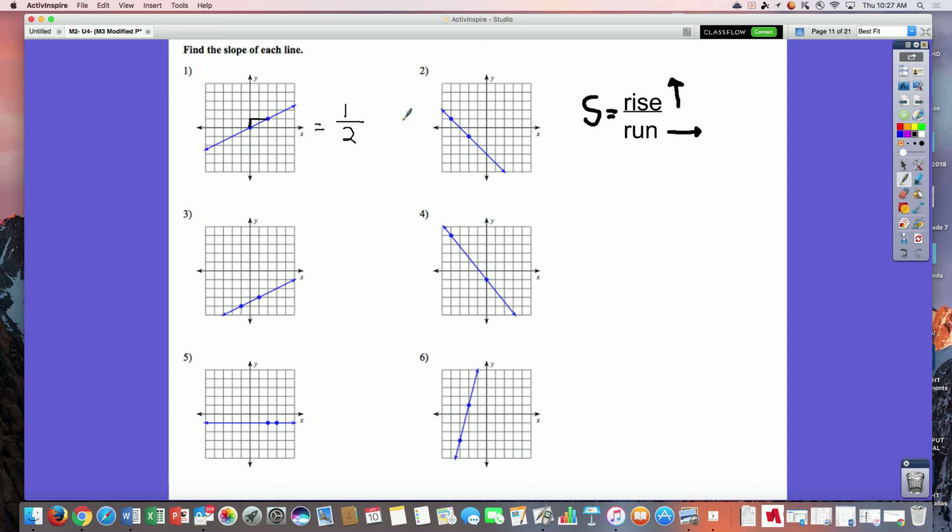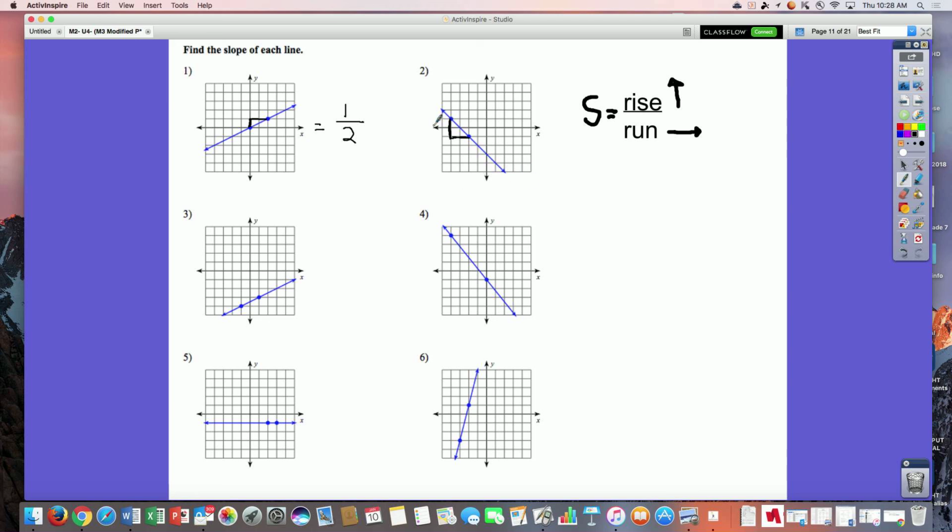It goes up 1, right? Up 1 to here, over 2. Let's draw a right triangle for this one. So we go down. Remember, we're always in the downer up first, and over. So when you look at this one, we went down, right? The slope of this line is negative, so you know your answer has to be negative, right?